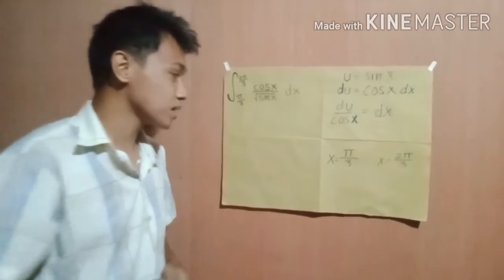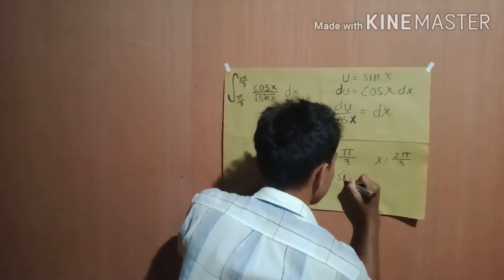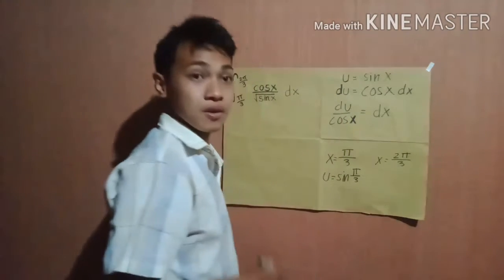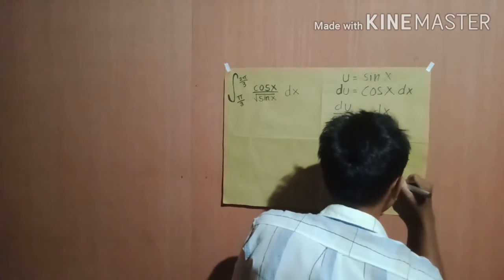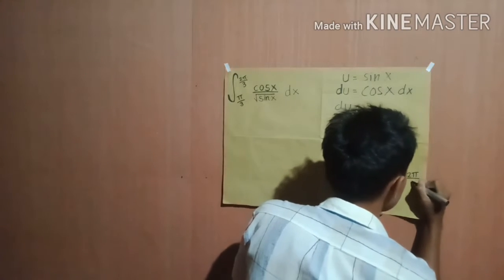For the lower limit, u is equal to sin of pi over 3, and for our upper limit, u is equal to sin of 2 pi over 3.